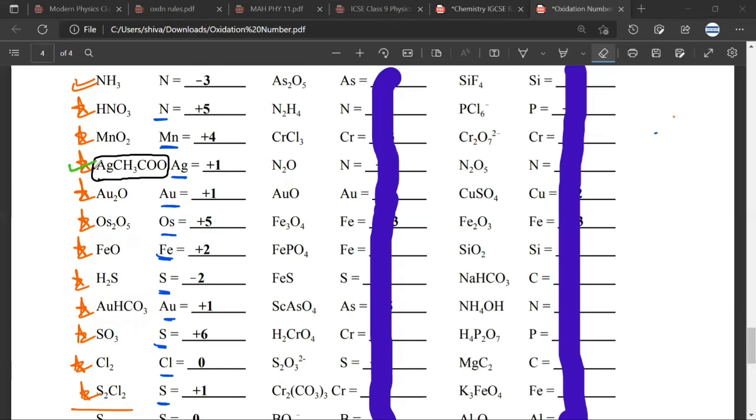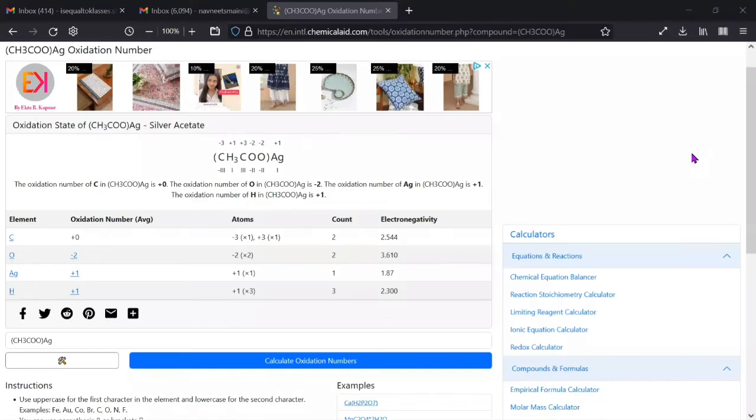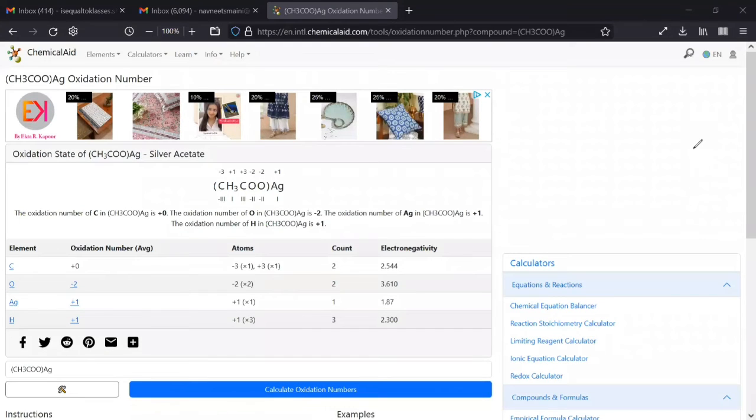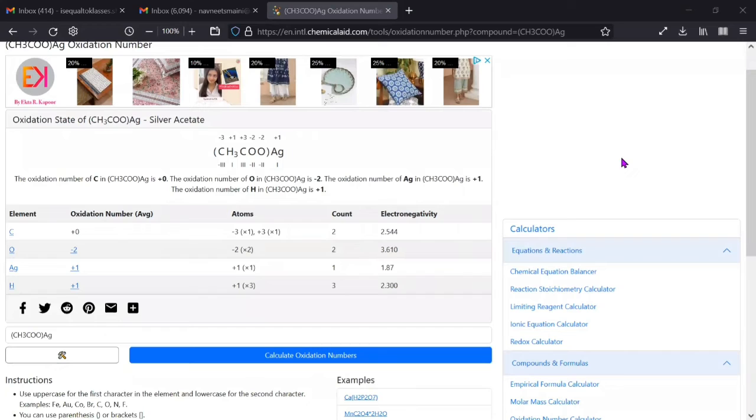See, examples like this and this are a bit complicated. I don't want to go into much detail. Fundamentally, oxidation numbers are based on electronegativity. Do you know what electronegativity is, Chris? No, sir. Okay, not an issue. Whenever we do electronegativity, maybe we will discuss this example again.